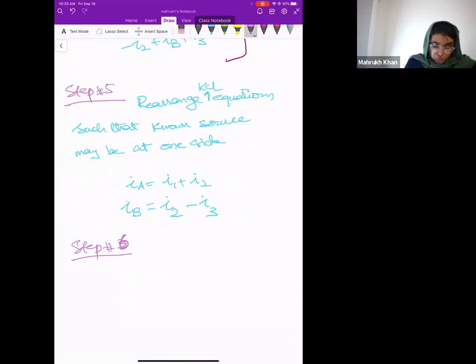What should I do to solve for V1 and V2? How will I use V1 or V2 here, because I have all the things in the form of currents, right?